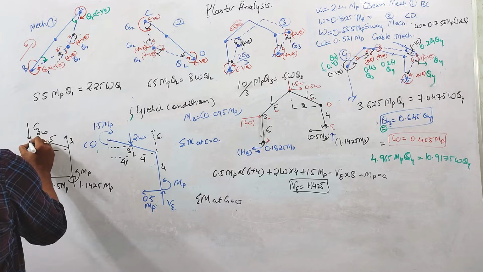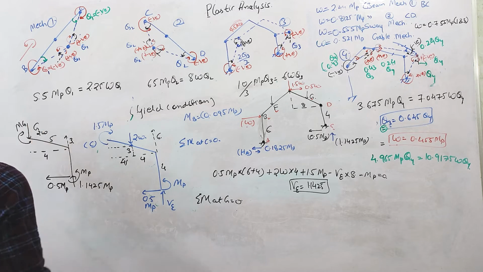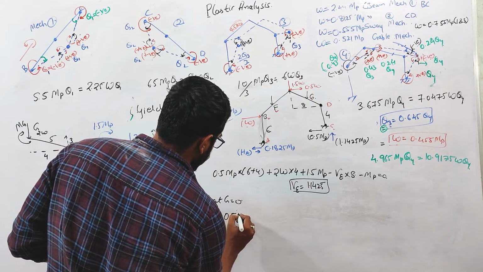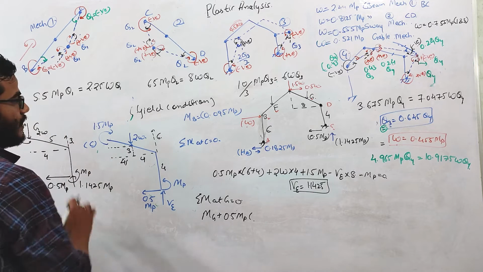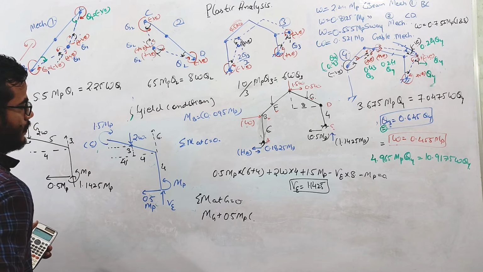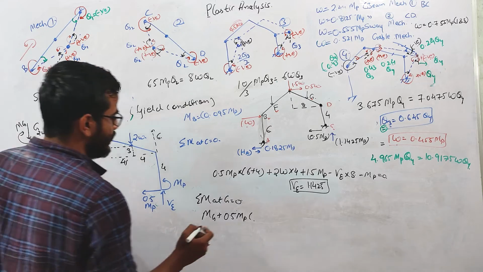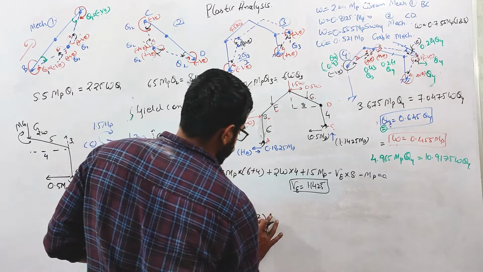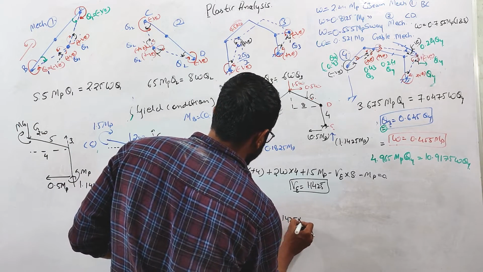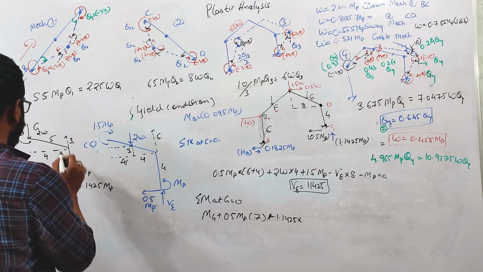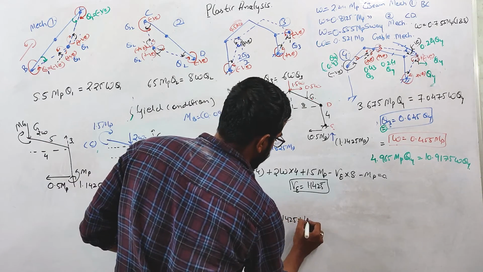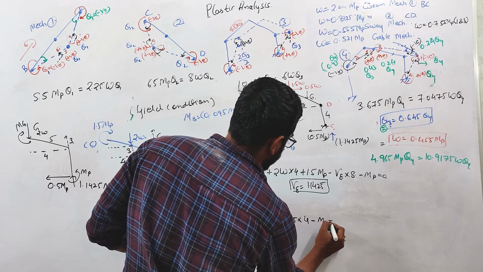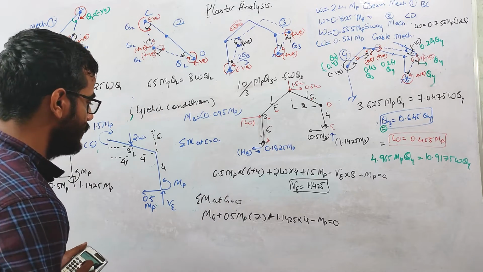So let us suppose at this point the moment is acting in the anti-clockwise direction at G. So I can write MG plus 0.5 MP into 4 plus 3, which is 7, right? Plus, minus 1.1425 into 4 due to the vertical load, V minus MP equals 0, right?